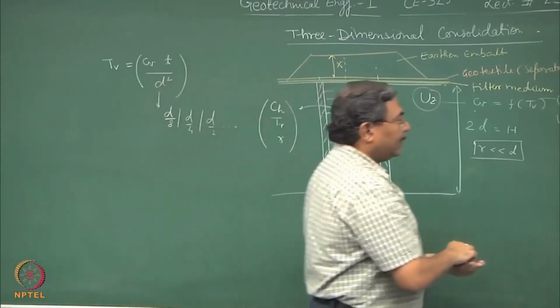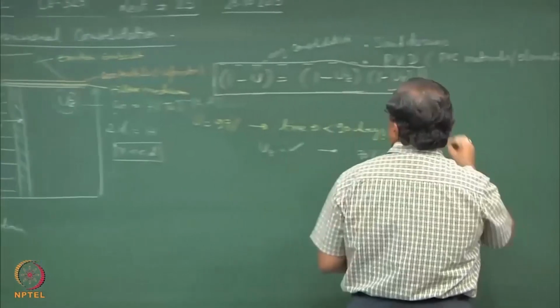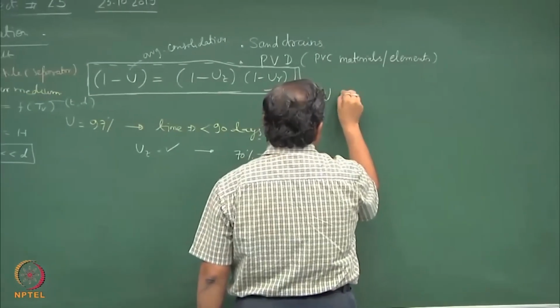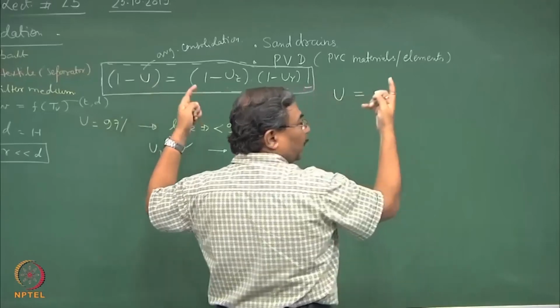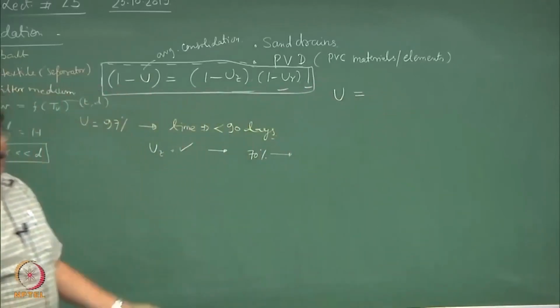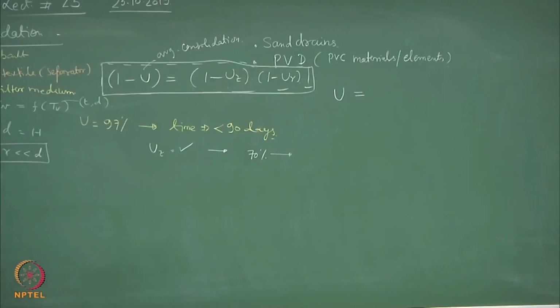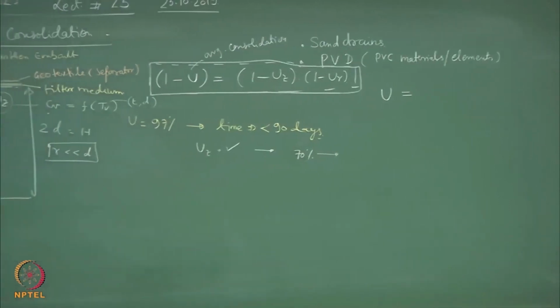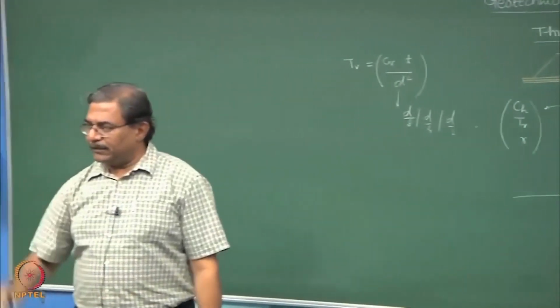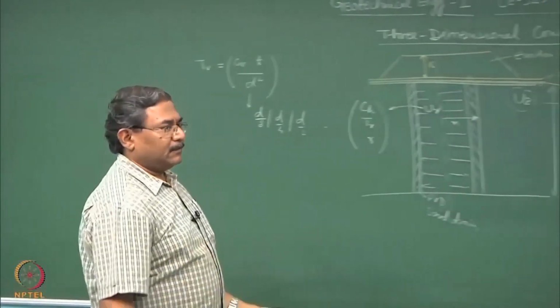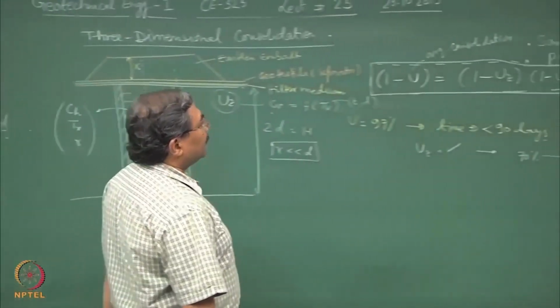So, I can say that this expression, if I know the design U value will be given by the designer, that I can tolerate only, let us say, 3% settlements after 2 years. Railway tracks, you can't really take a chance.